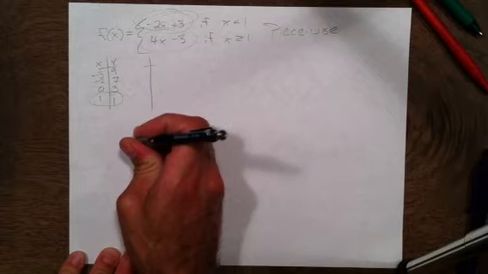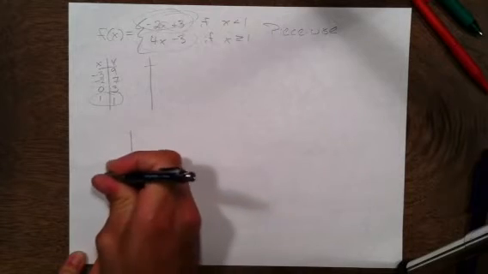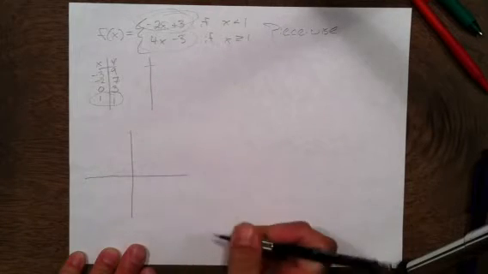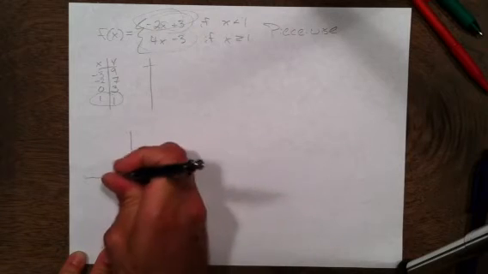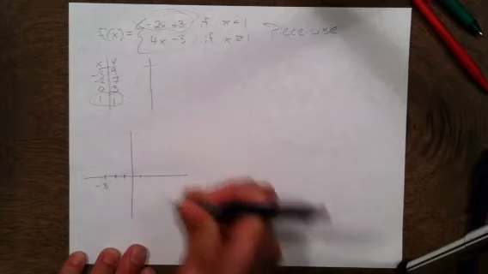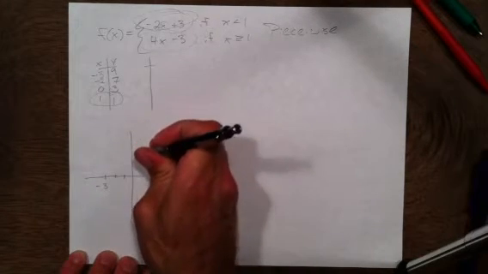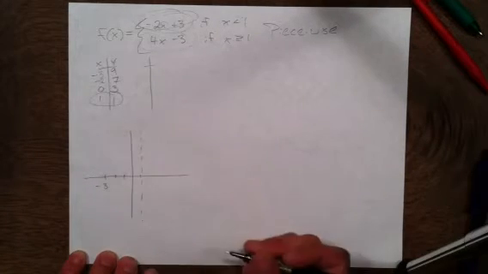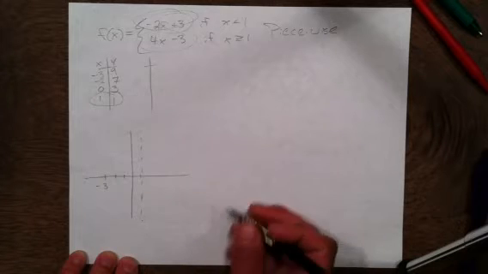1, 2, 3, all the way up to x equals 1. I'm going to put a little dotted line here to indicate my function changes, the definition changes after that line.